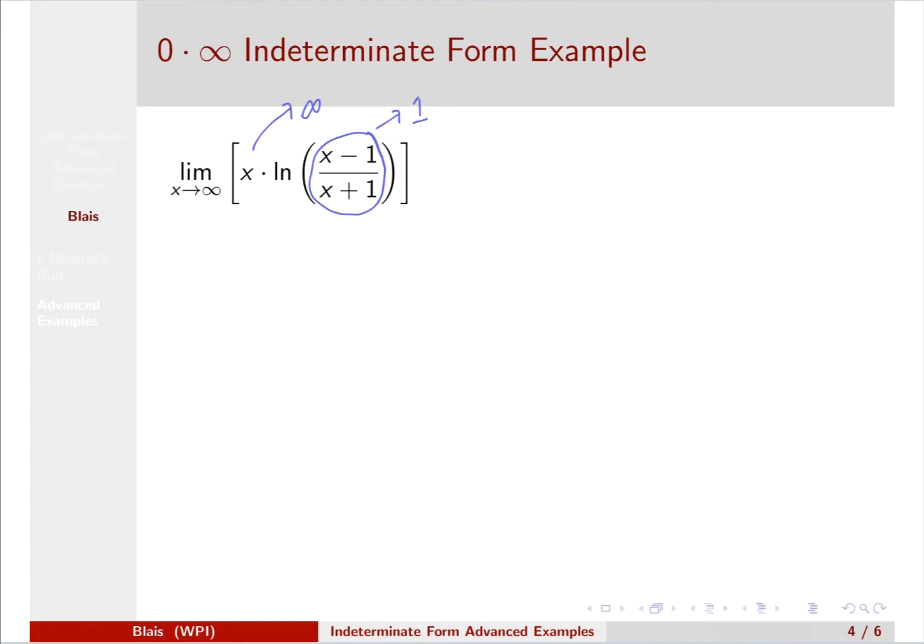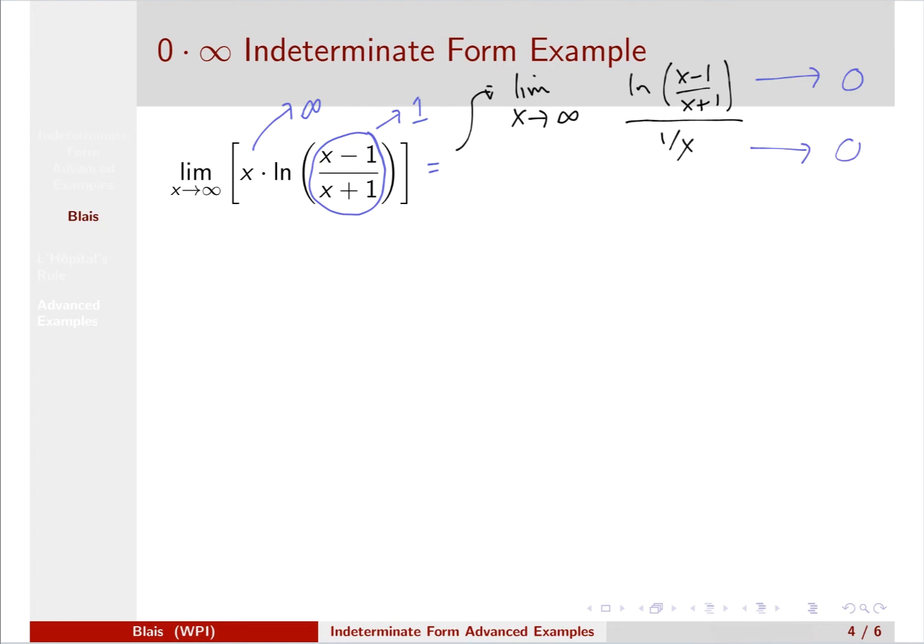So what we can do, we can rewrite this as the limit as x goes to infinity with the natural log term in the numerator. And instead of multiplication by x, we divide by 1 over x. And now we have a numerator going to natural log of 1 or 0, and we have a denominator going to 0.